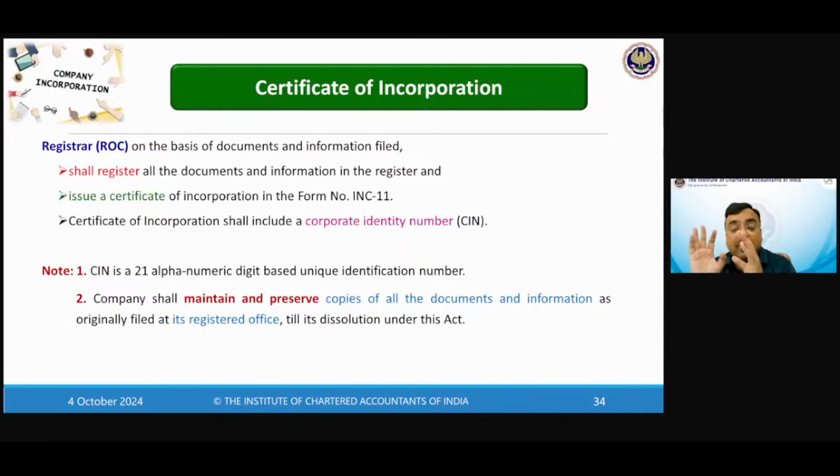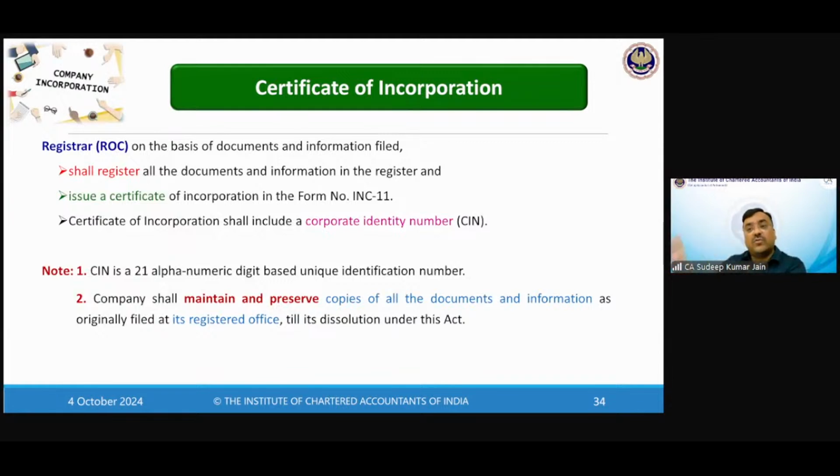And certificate of incorporation will include a CIN, corporate identity number. The number CIN is the 21 alphanumeric digits based unique identification number. And company shall maintain and preserve all the copies of all the documents and information as originally filed at registered office till its dissolution under this Act.